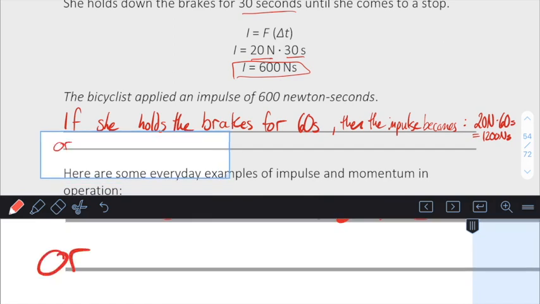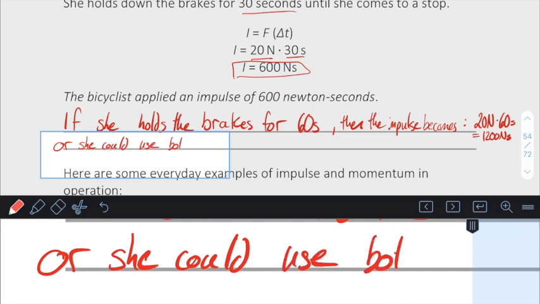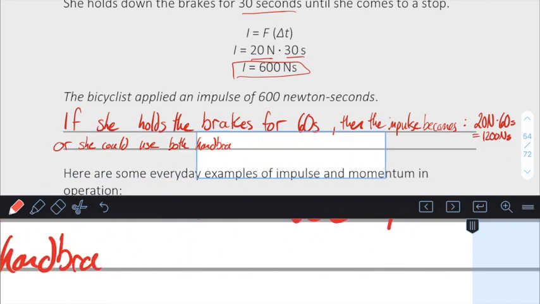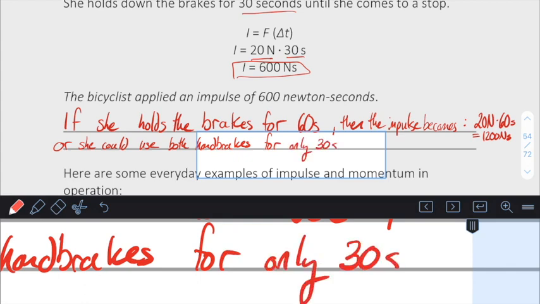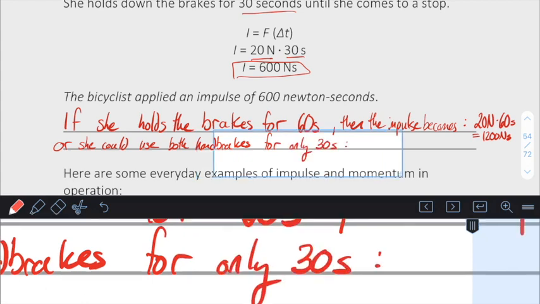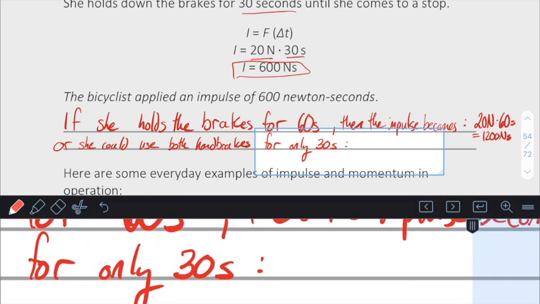Or she could use both handbrakes, right? And for only 30 seconds. And in that case, she would have twice the force because she's using both hands.